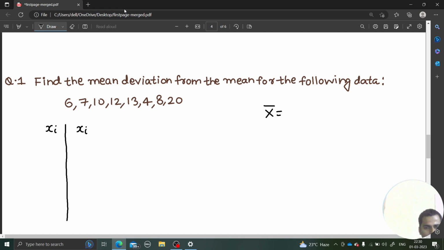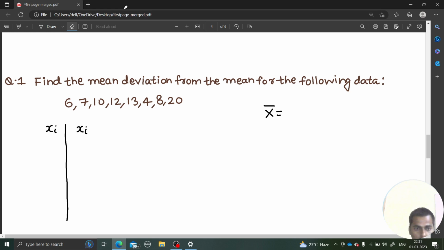So mean will be the sum of all observations, that is 6 plus 7. Let's do the calculation separately and just write it down. So 6 plus 7 plus 10 plus 12 plus 13 plus 4 plus 8 plus 20.